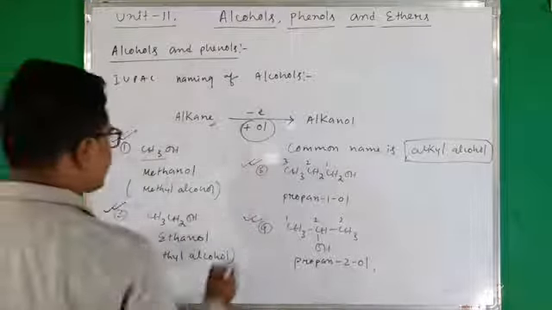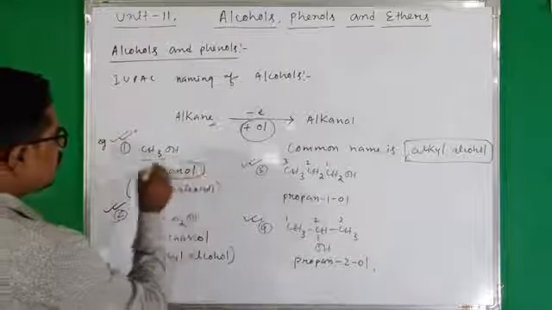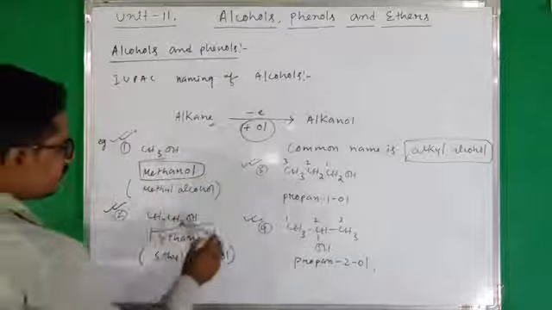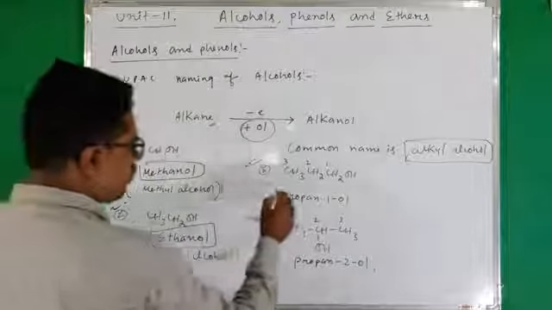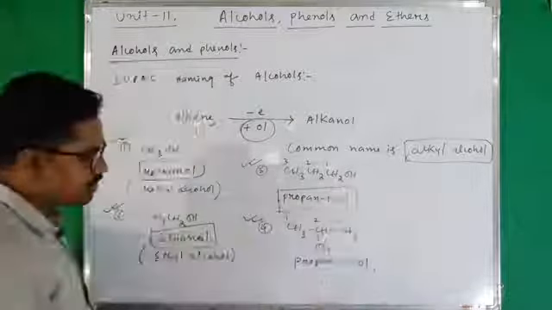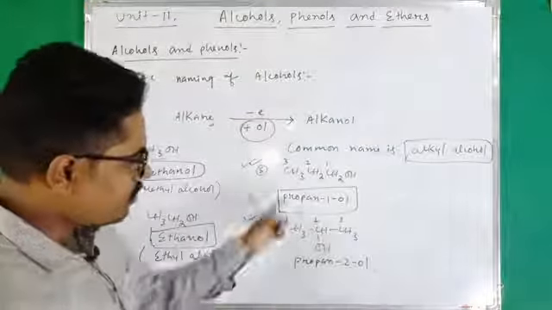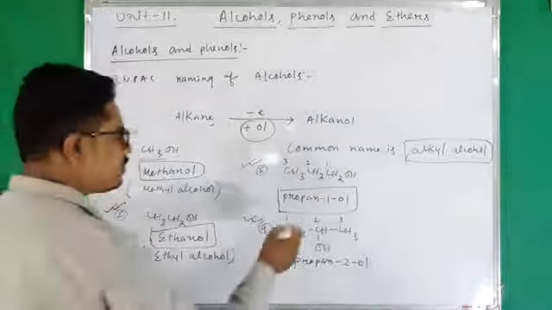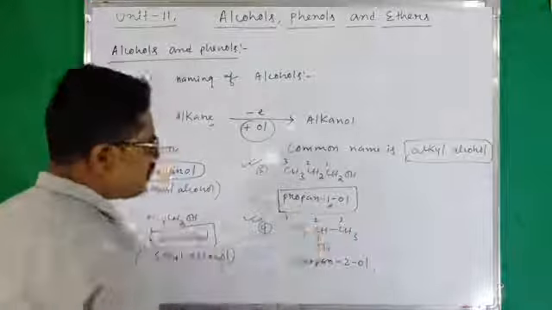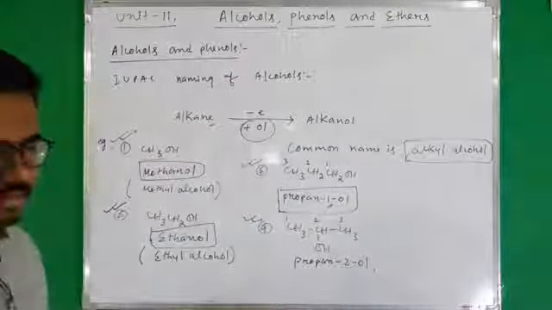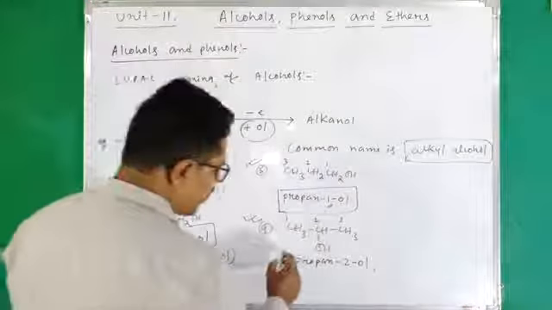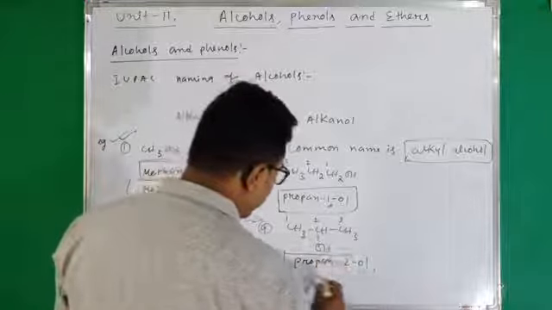Here I am taking examples like methanol, after that ethanol, then propan-1-ol, because in the case of propanol isomers are possible, therefore we have to number the position of OH, and then we get propan-2-ol.